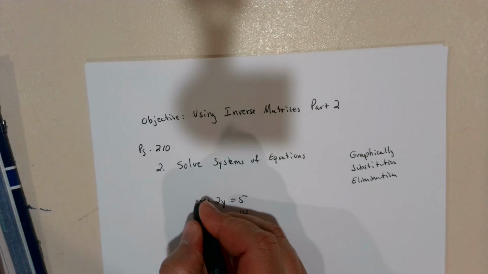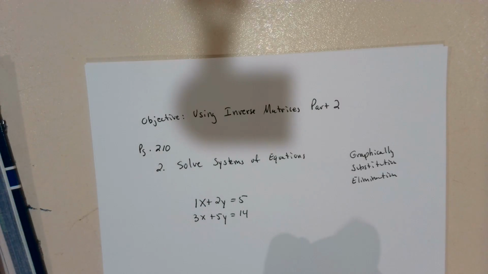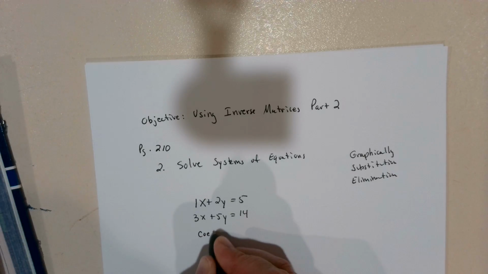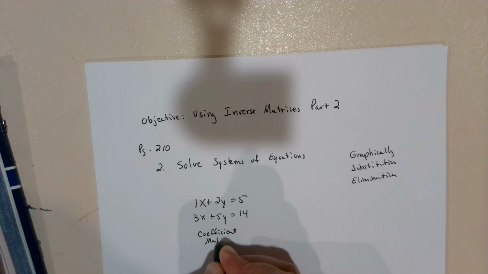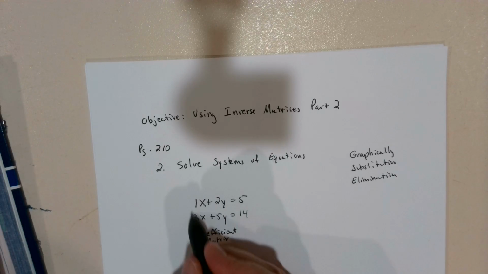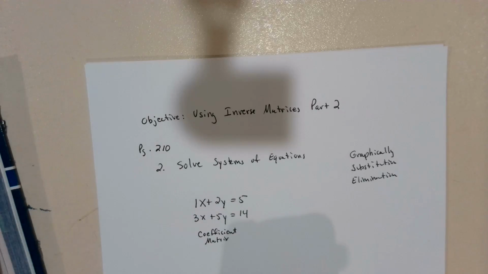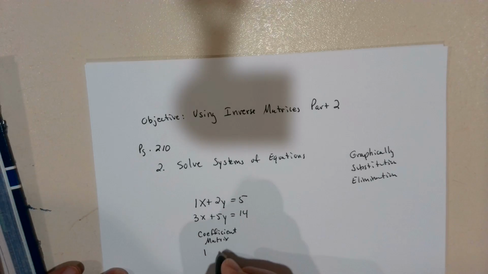And so we know that there's an understood 1 in front of the x, and so what we're going to do is create a coefficient matrix, which will contain the coefficients of our variables. And we don't need to write the variables, so we're just going to use the 1, the 2, the 3, and the 5, our coefficients from here.